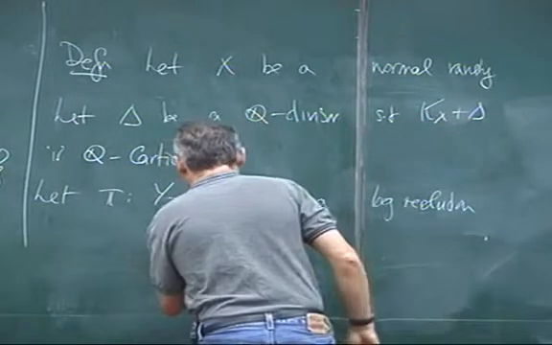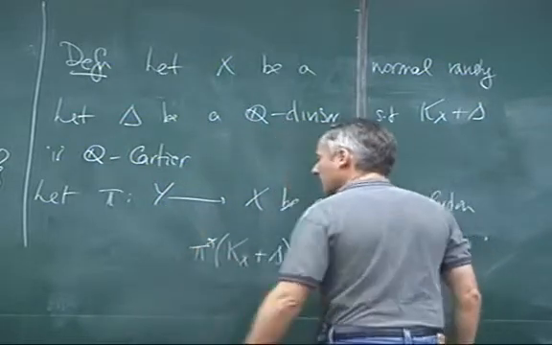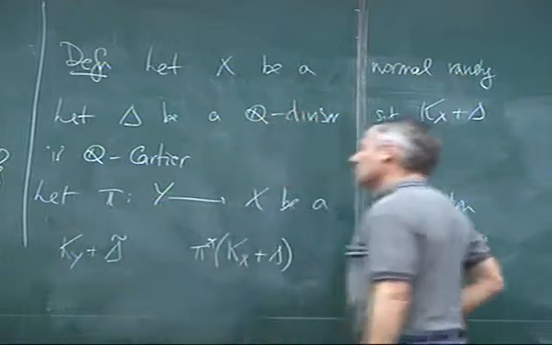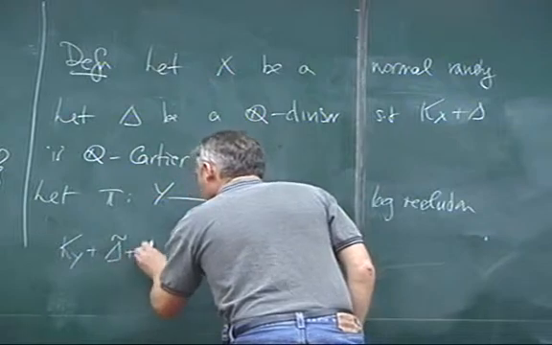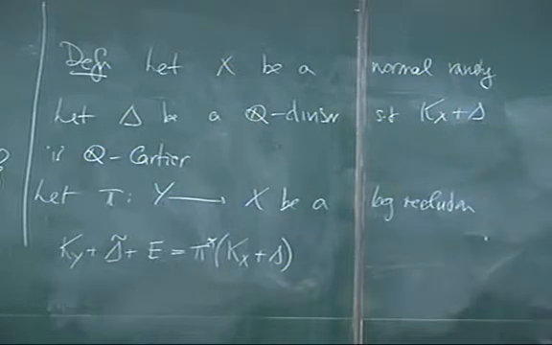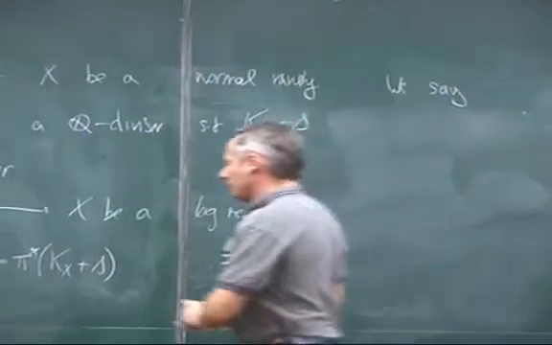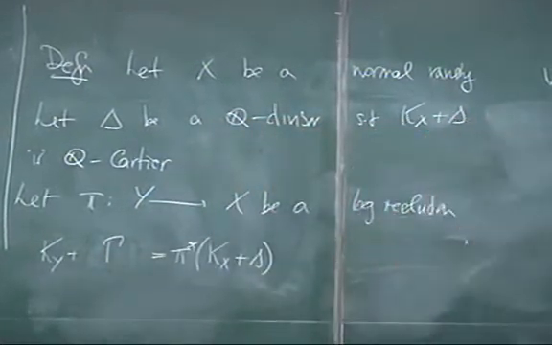So then I can pull back K_X plus delta, and I can compare that with K_Y plus the strict transform of delta, call that delta tilde, and then I'll get some extra stuff, which I'll call E. Let me just combine delta tilde and E, and call that gamma.